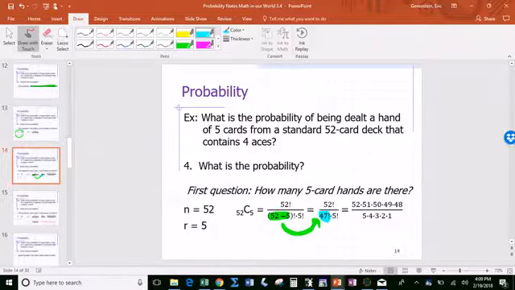The 52 factorial contains the numbers 1 through 47, so the 1 through 47 on the top cancels with the 1 through 47 on the bottom, leaving you 52, 51, 50, 49, and 48. After canceling, those are the numbers left, and we still have this 5 factorial: 5, 4, 3, 2, 1. So pop those numbers into the calculator.